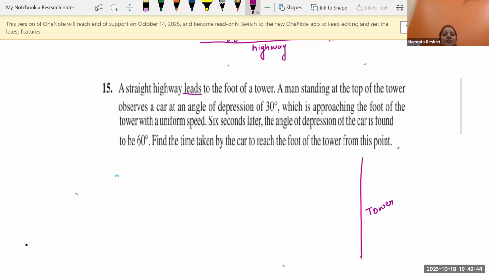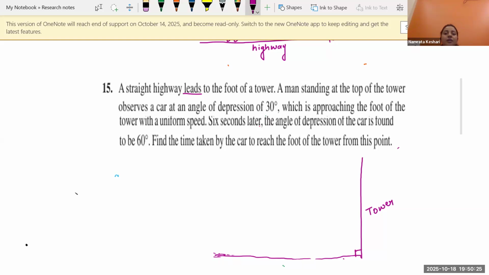A highway coming and coming and leading to the foot of the tower. The tower must be making 90 degrees with the ground. Here the ground is the highway. Are you understanding? Making sense?